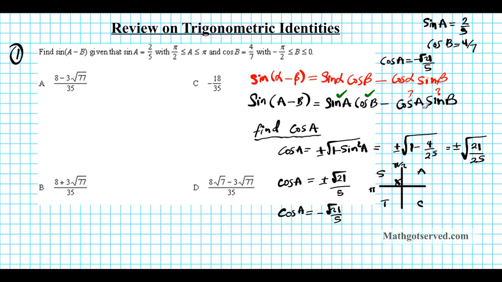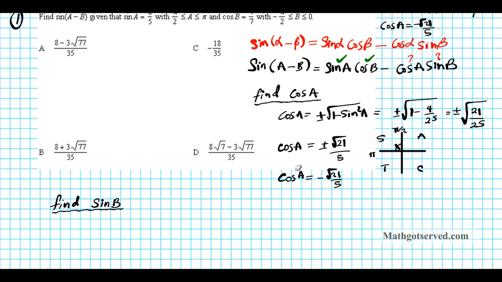Now the next thing we have to find is sine B. Now how do we find sine B? We find sine B by applying the same identity, the Pythagorean identity, but we're going to have cosine and sine interchanged with one another. Alright? So sine B, using the Pythagorean identity, is plus or minus the square root of 1 minus cosine squared B. Okay?